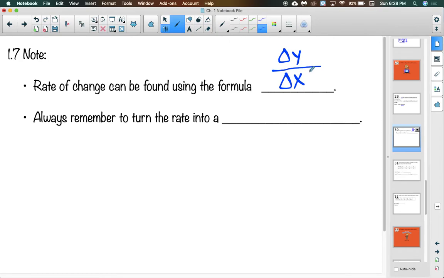We're going to have some x values and some y values, and we're going to find the change in our y's and the change in our x's. So we're going to do a lot of subtracting here. And then we do have to remember always to change this rate into a unit rate. So we'll be using subtraction, and we will be using division to change it into a unit rate. Okay? There we go.